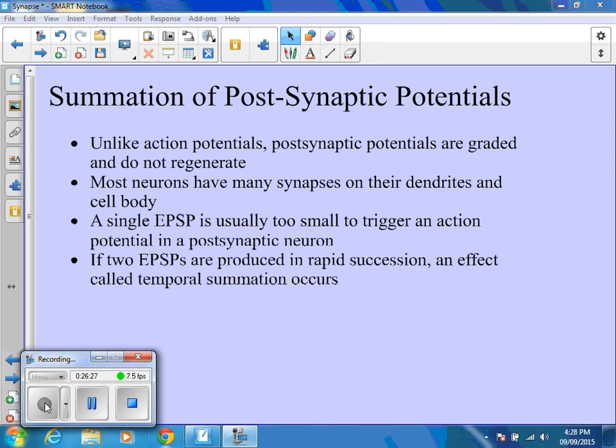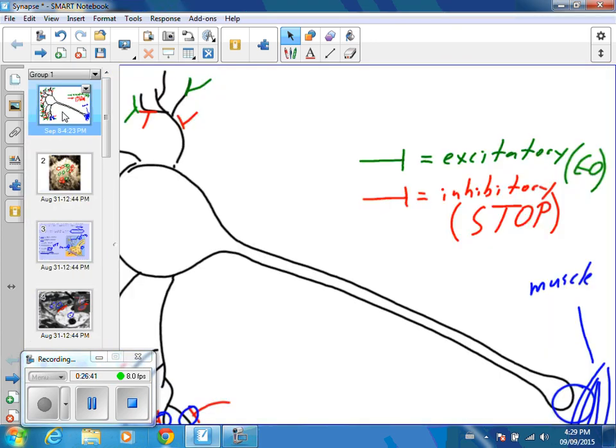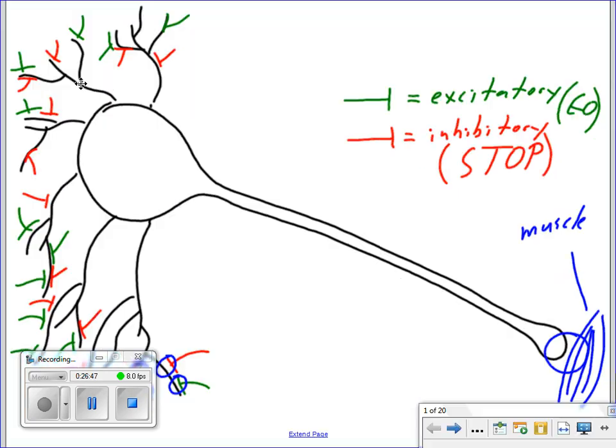So how is the decision then made by a neuron as to whether or not a message is going to be sent down the length of that neuron? Let's just go back here to one of the previous slides way at the beginning. What it really comes down to is, well, a little bit of math. So we had two different kinds of messages impinging on our motor neuron.